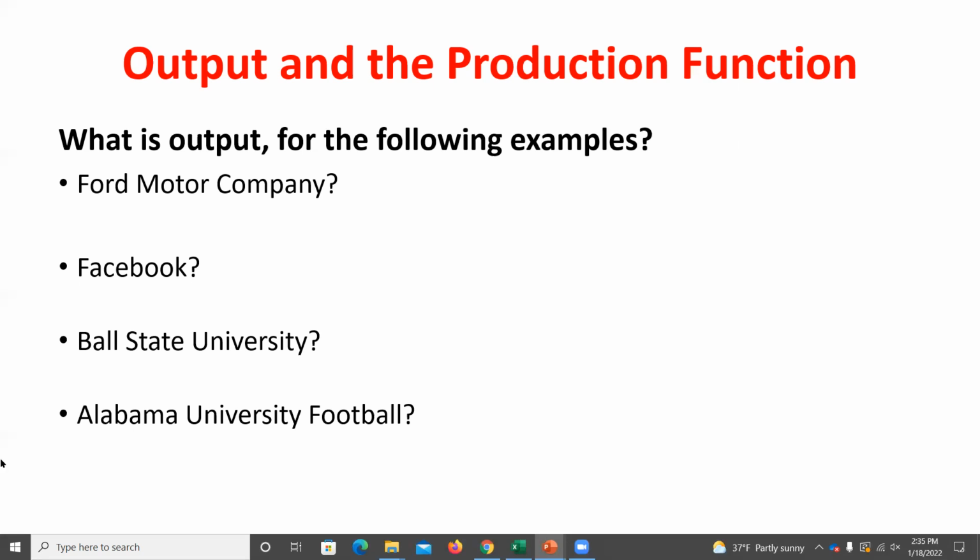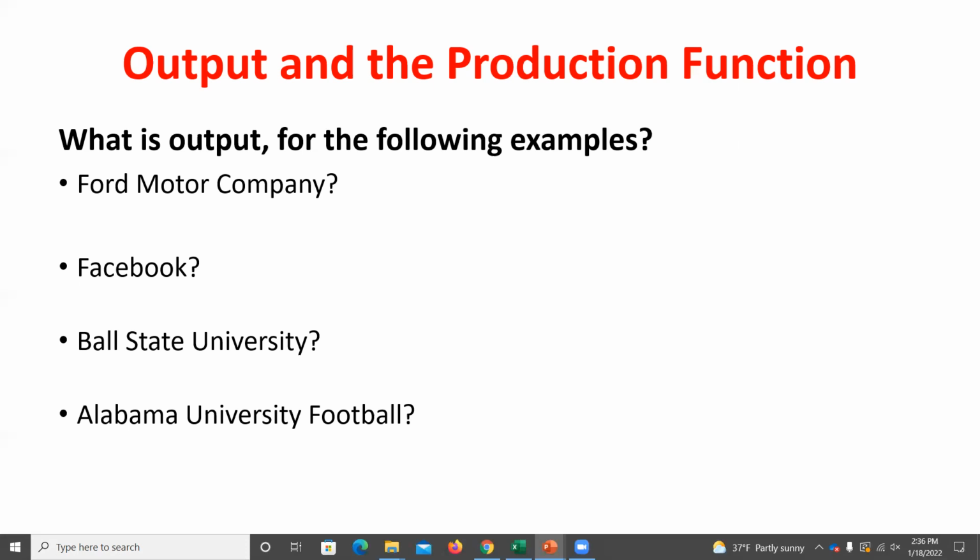So really their output might be the number of games they're playing, but also might be the quality of their games. So we're going to have a little bit ill-defined terms in what the output is. It's kind of hard to measure, but we have metrics we can use like wins, which tell us the quality of the team, maybe championships won, something like that.